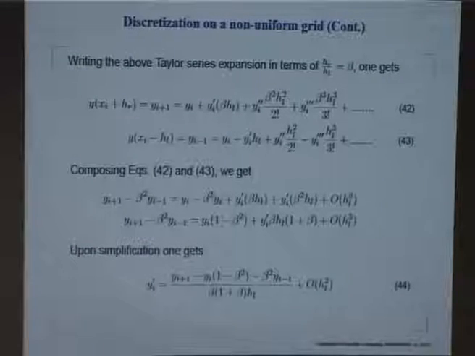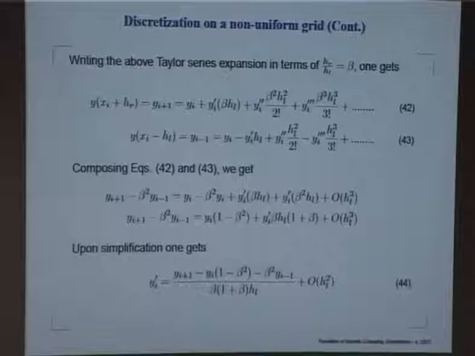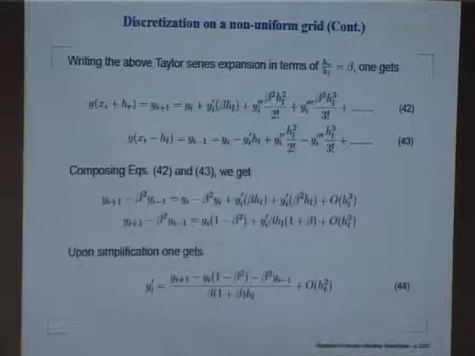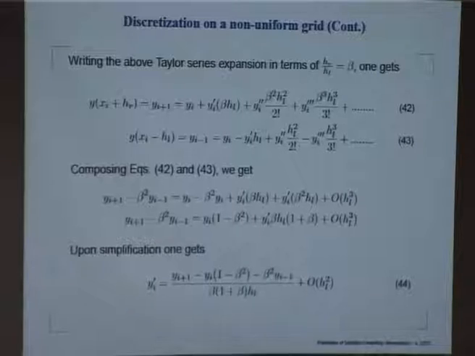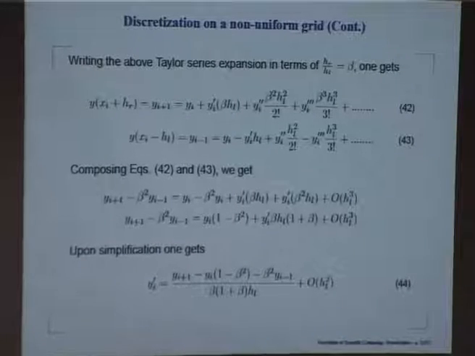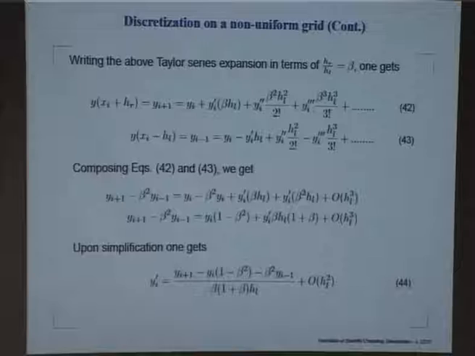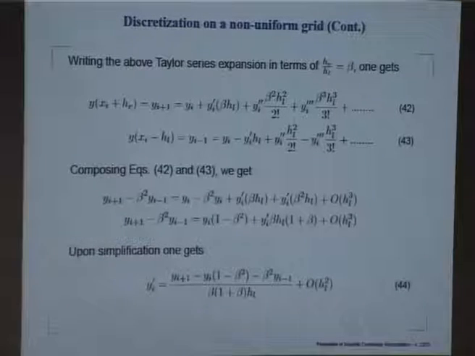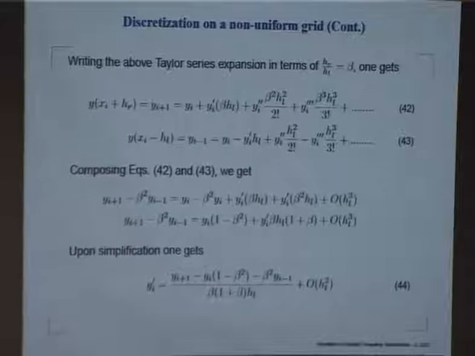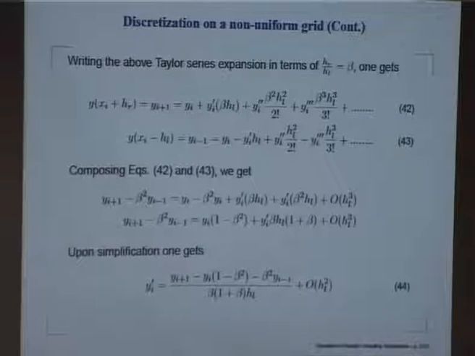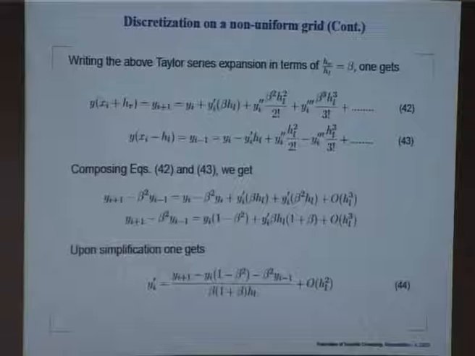So, first derivative remains like this, and the next higher order term will be proportional to h_L cube. So, I could simplify it, and from this I could obtain the first derivative in terms of this. Since I have divided both sides by h_L, the leading truncation error term is proportional to h_L square.